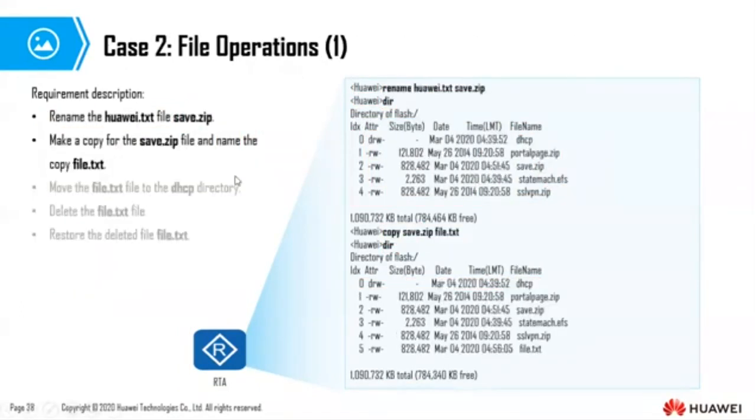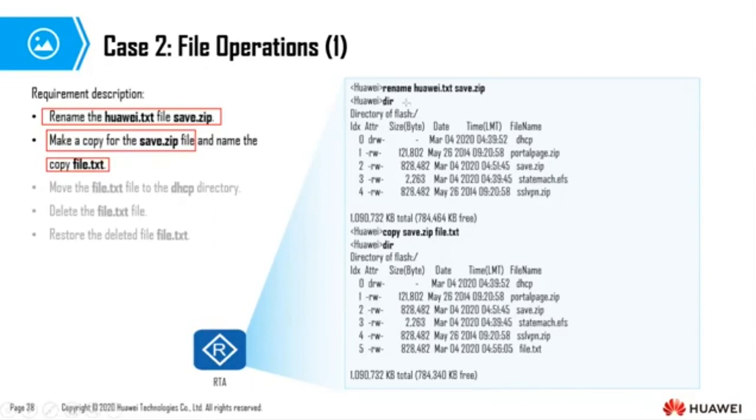So let's look at the next. So now we want to rename this file called huawei.txt to save.zip. Then we also want to copy this particular file, and as we copy it, we name it file.txt.